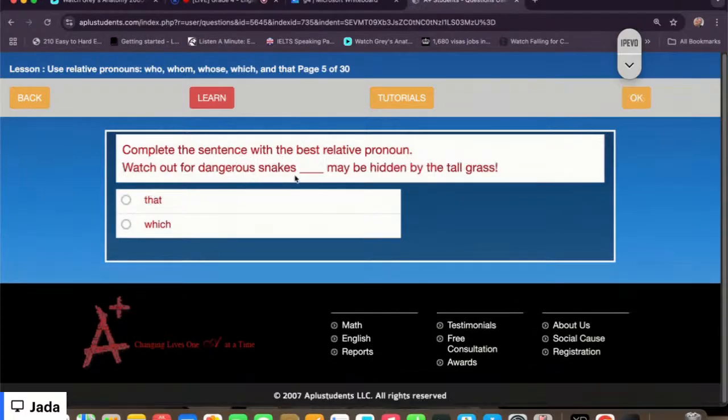Watch out for dangerous snakes dash may be hidden by the tall grass. That or which?